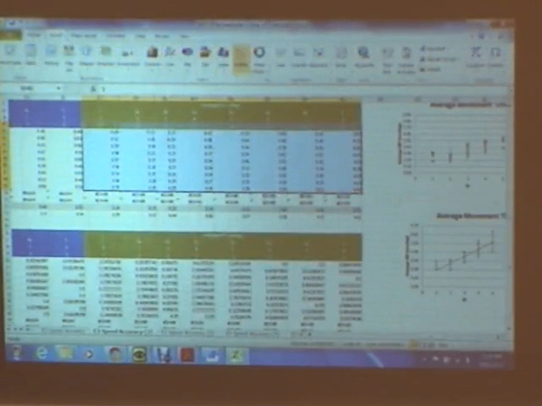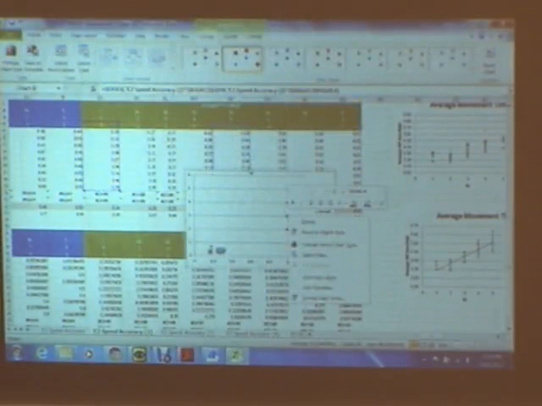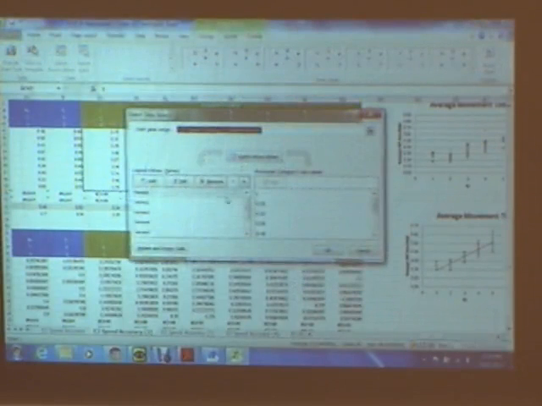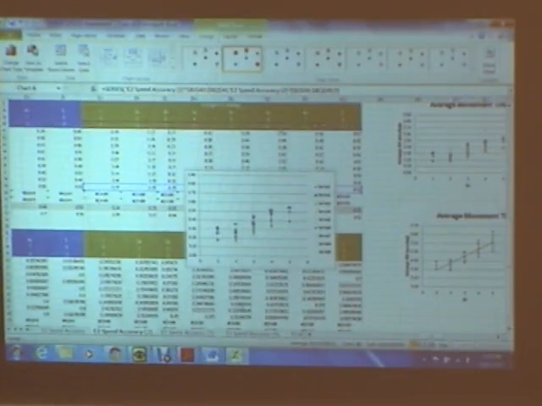Insert, scatter. There we go. It was flipping which axis was y and which axis was left. And now you can see that it has all of the data there. From your numbers, 1, 2, 3, 4, 5, up here, you got the index of difficulty and your movement time.